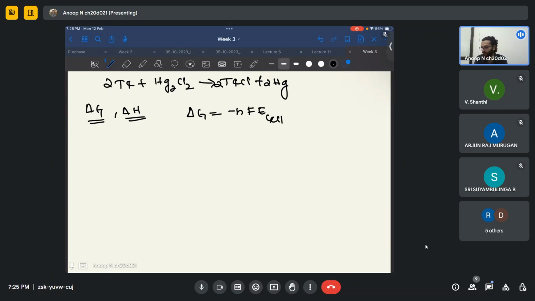It's a 2 electron process. Delta G is equal to minus 2 into 96485 into 0.73. The answer will be minus 140.87 kilojoule.